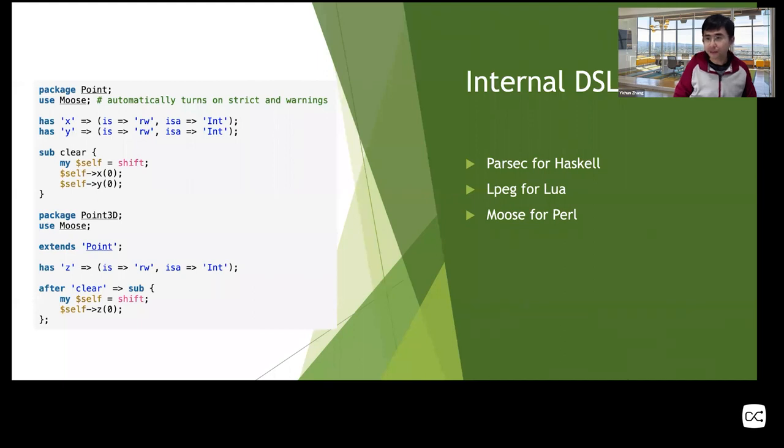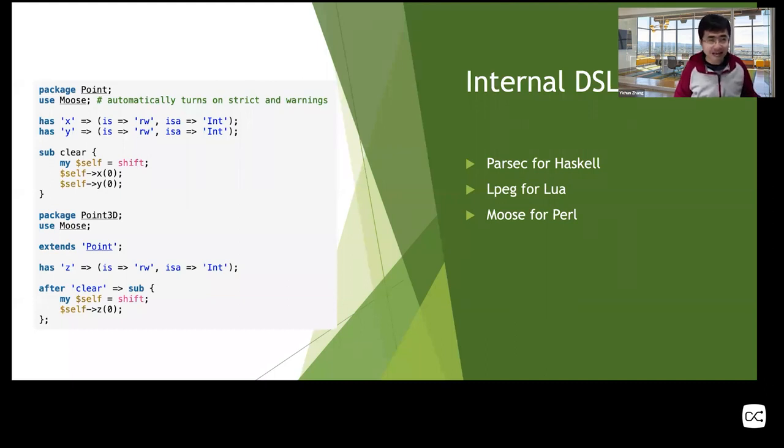For Perl, there's another example, which is object-oriented programming in Perl. The native syntax is very poor and very limited, so the Perl folks decided to invent a new library, which is called Moose, an animal name. The Moose library uses a function called has to emulate a keyword, but it actually is not.